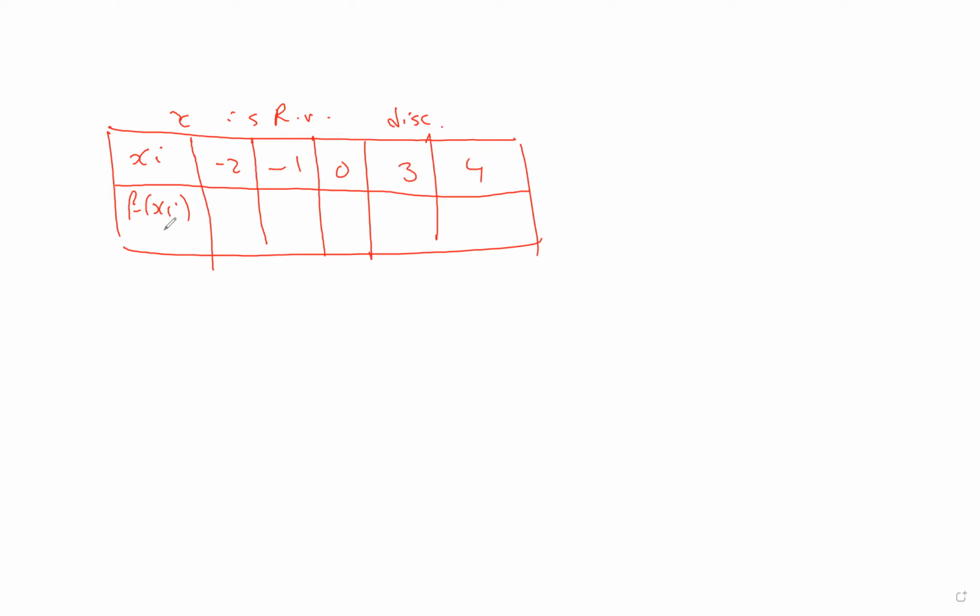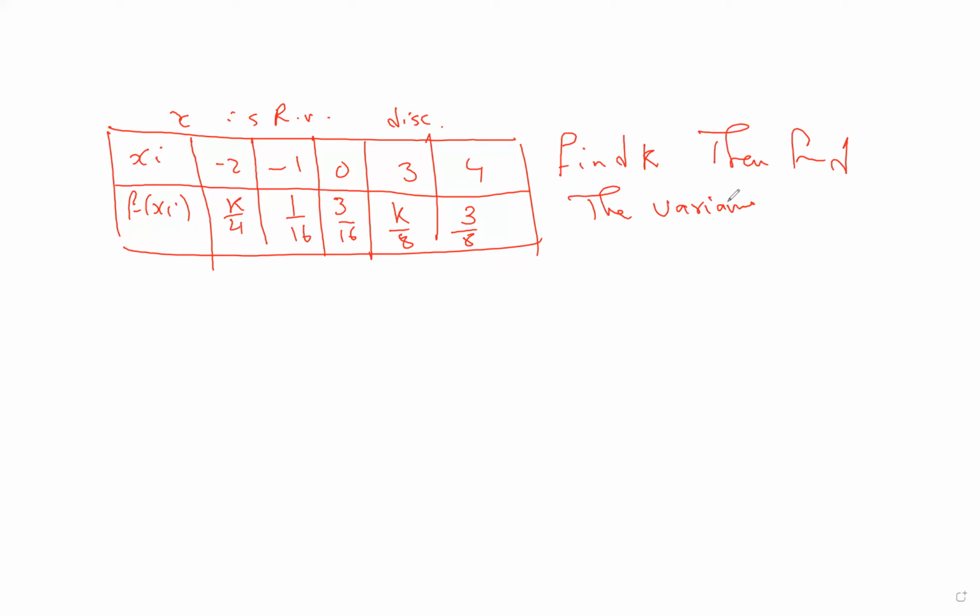And f of xi, which is the probabilities of these variables, is k over 4 and 1 over 16 and 3 over 16 and k over 8 and 3 over 8. First, you have to find k and then find the variance. Okay?